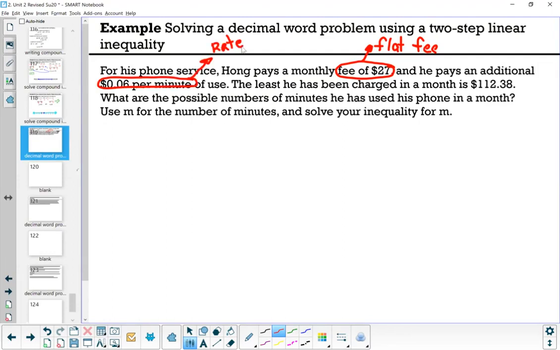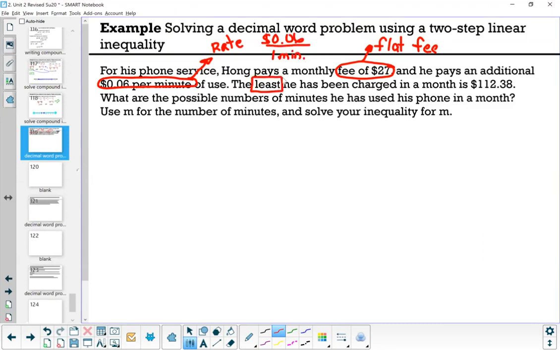Whenever you see a rate, it's probably going to be a variable that's going to be multiplied to it, that per minute. Okay, so if we think about the rate, if I write this as a ratio, because a rate is a ratio, we have 6 cents over 1 minute. That's the rate.